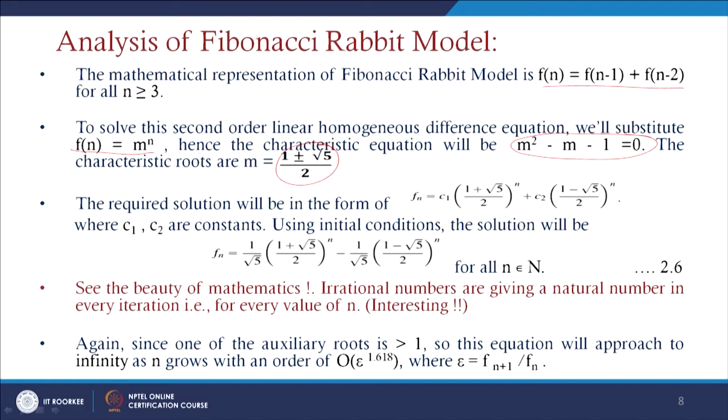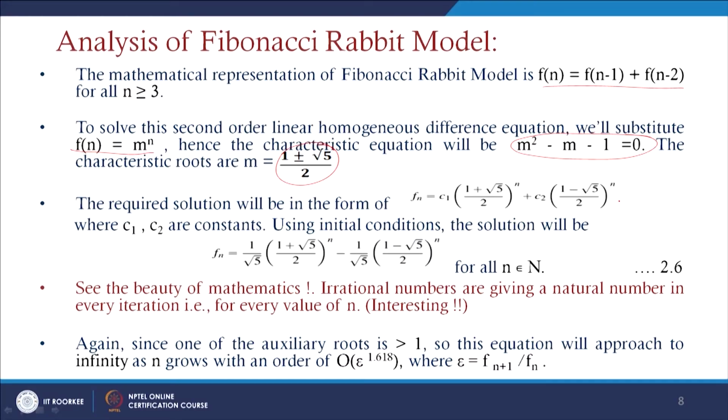And if you use the initial conditions, the solution will be f_n equals 1 by root 5 times ((1 plus root 5) by 2) whole to the power n, minus 1 by root 5 times ((1 minus root 5) by 2) whole to the power n.